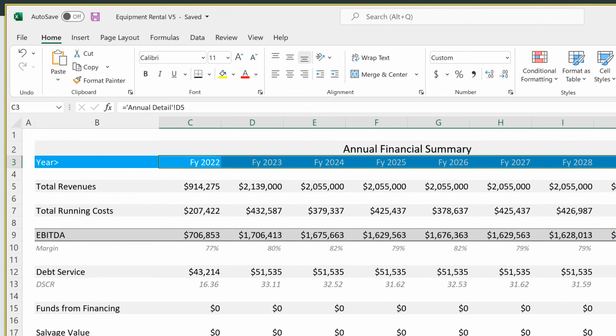Okay, that's better already. Now we could do the top here. And then the big one is going to be on the P&L detail. Yeah, we've got to get rid of all this blue.